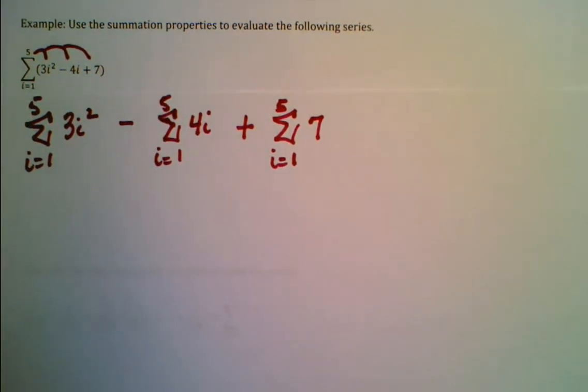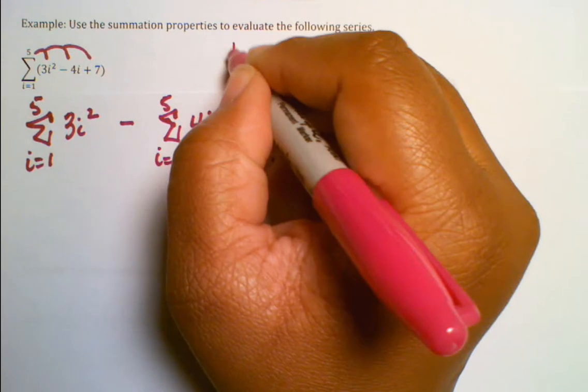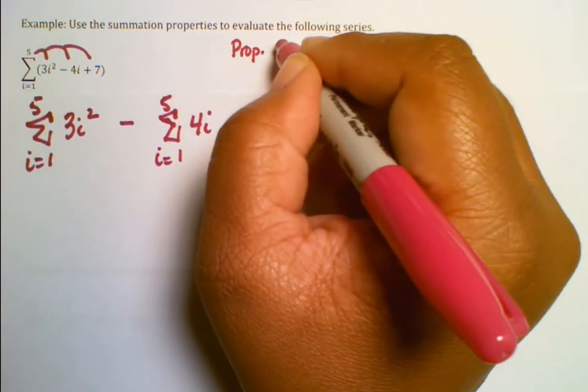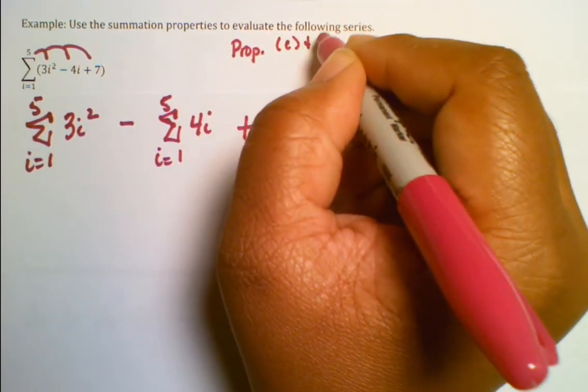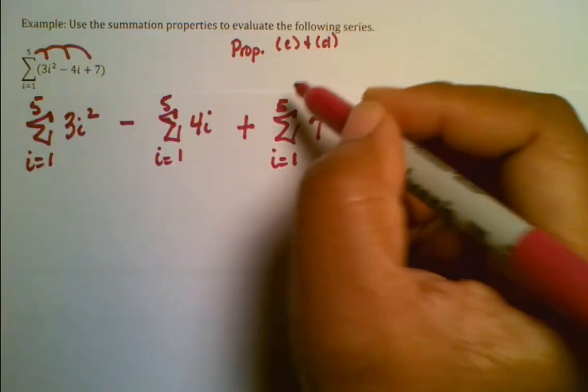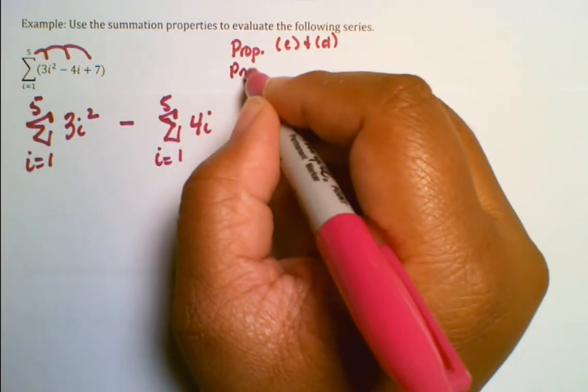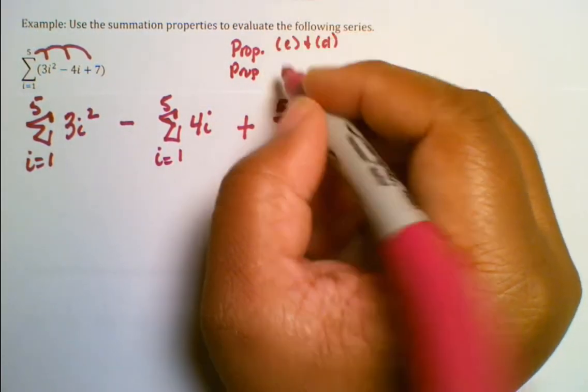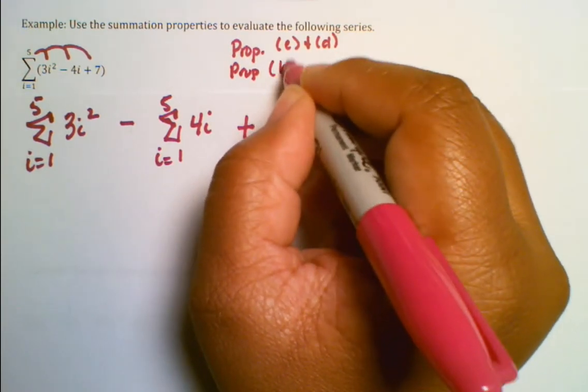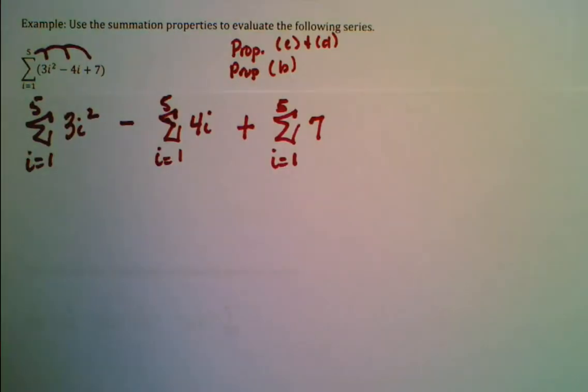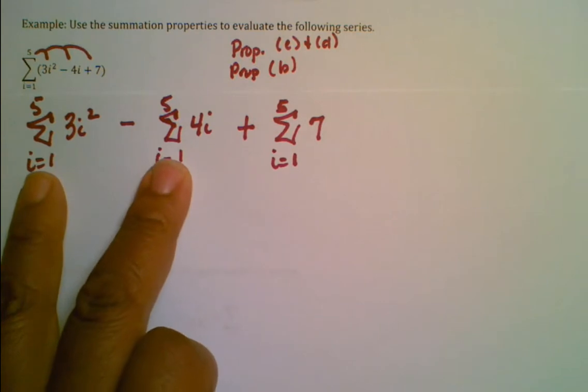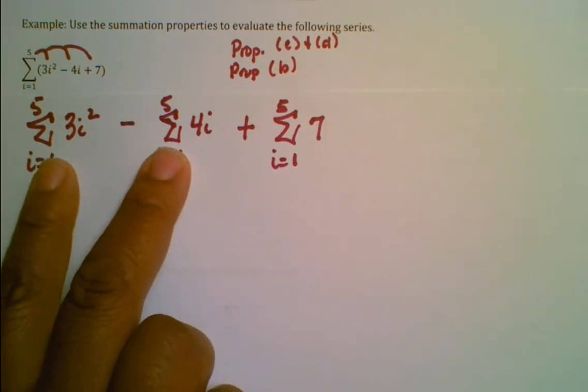So we used which property? Initially, we used properties C and D. Now we're going to use property B, where we're going to factor out the constant term from the first two summations here.